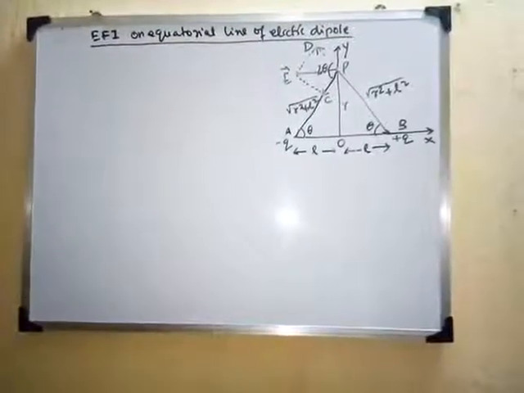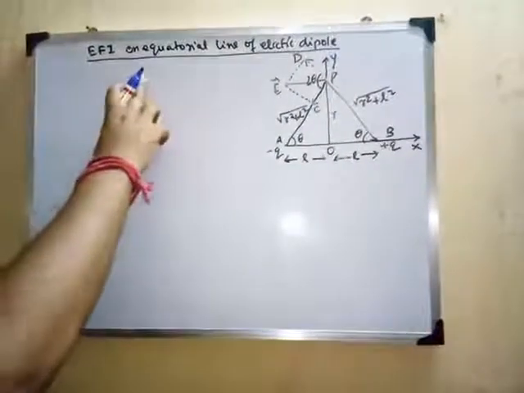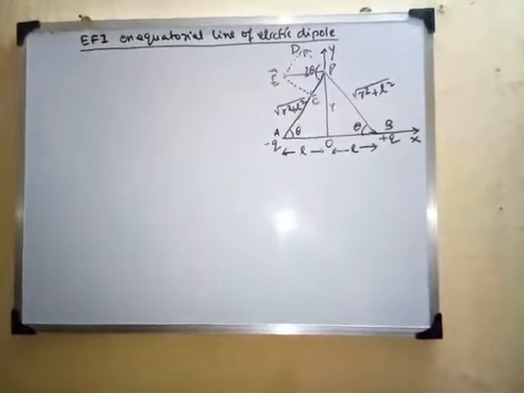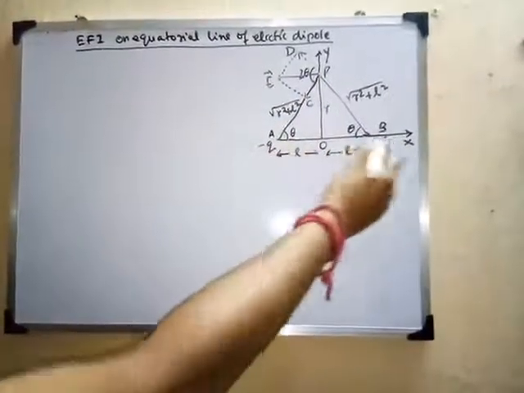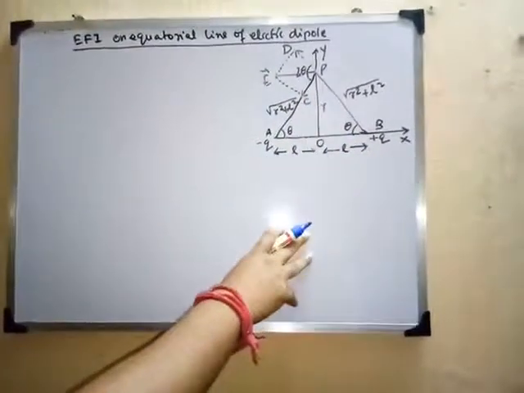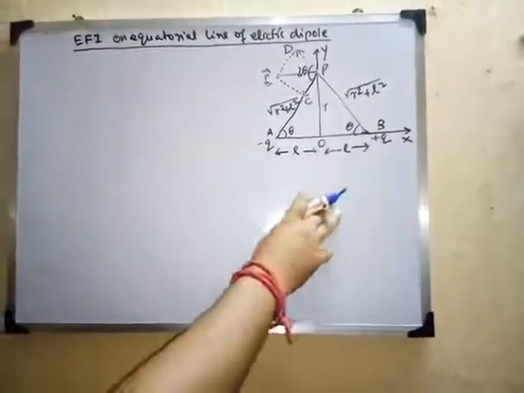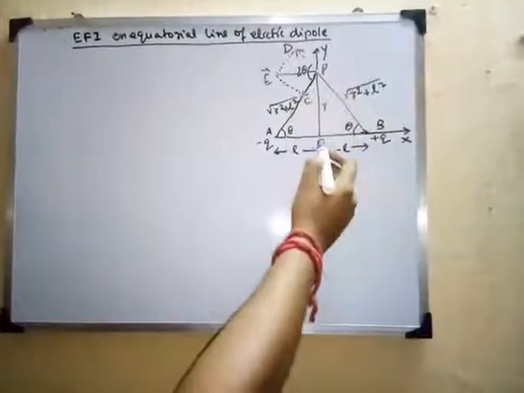Now we are going to evaluate the EFI on the equatorial line of an electric dipole. If A and B is your axial line, the equatorial line means the line perpendicular to the axial line and passing through the center of the electric dipole.